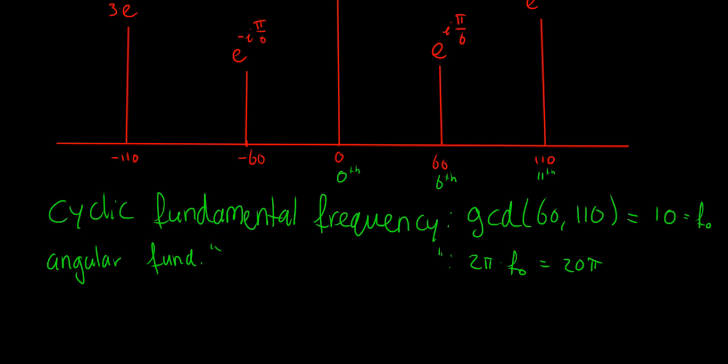And then, of course, you also have the fundamental period, which is also easily calculated by 1 divided by f0, which is T0, which in our case is 1 over 10. So this is how you calculate these fundamental frequencies.